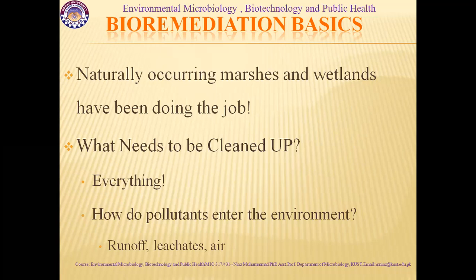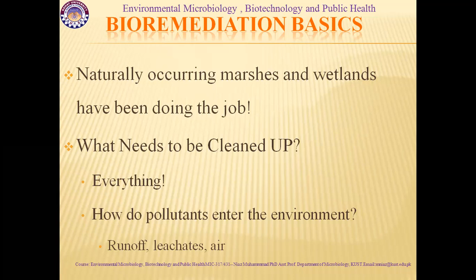Every type of toxic material is coming in effluent form to the wetlands as well as marshes. So microbial communities have developed over there with the passage of time, and plant species have been adapted over there. What is going on over there? We want to explain it.